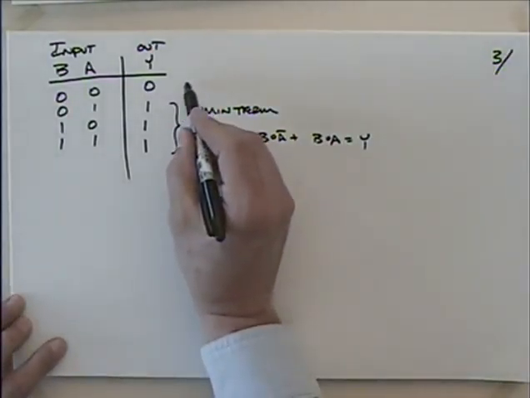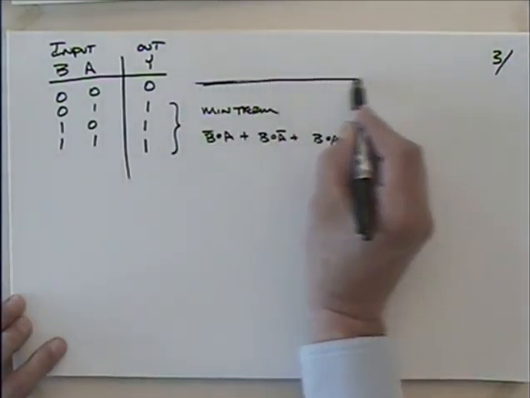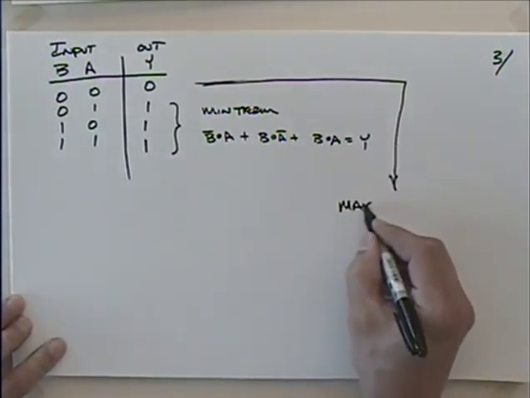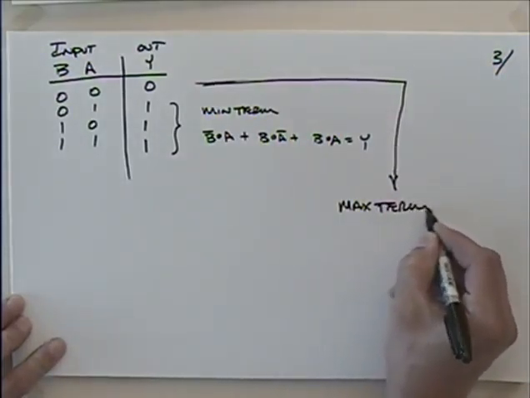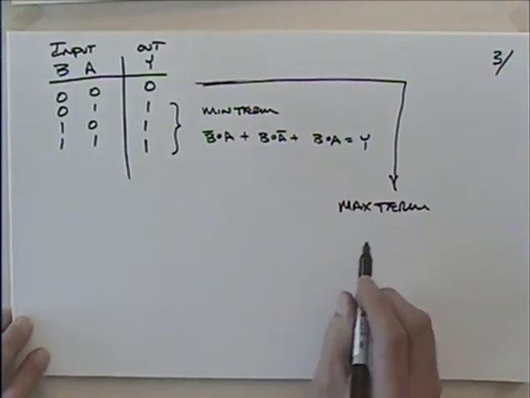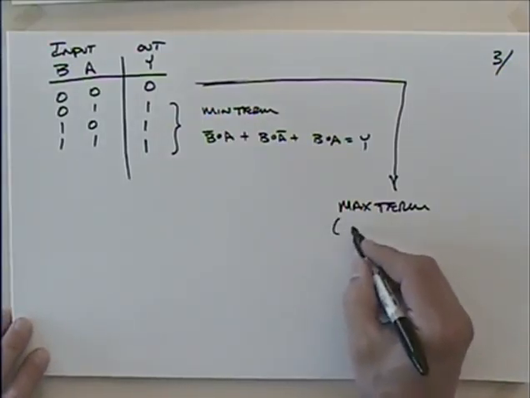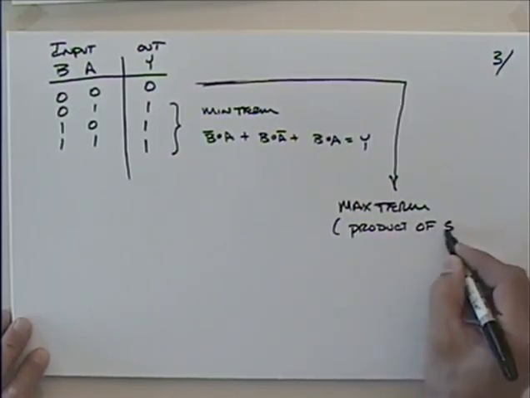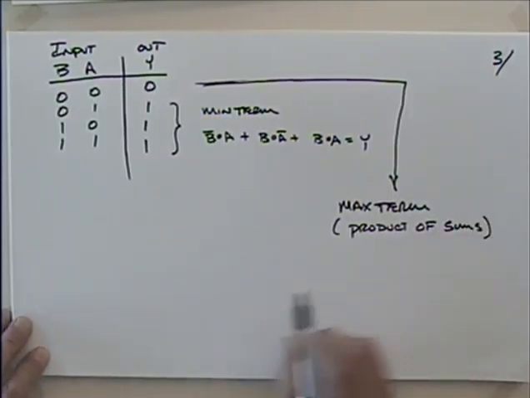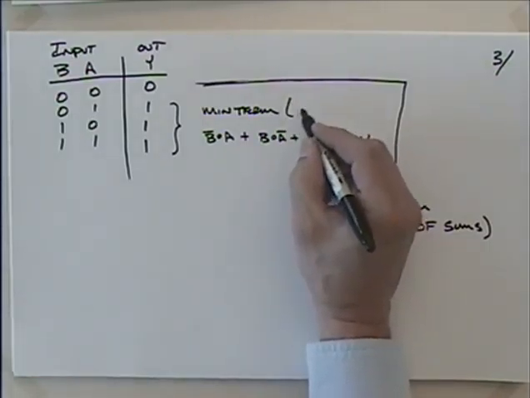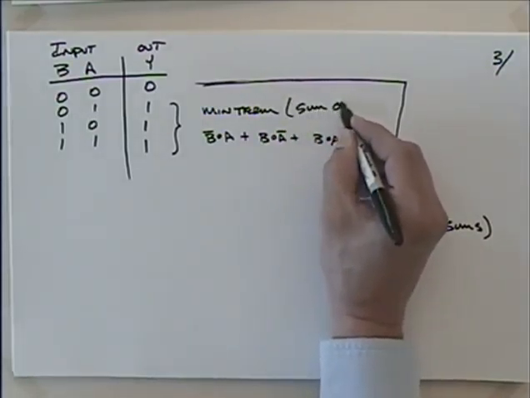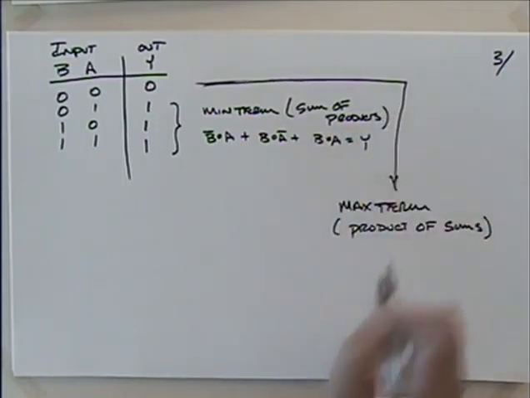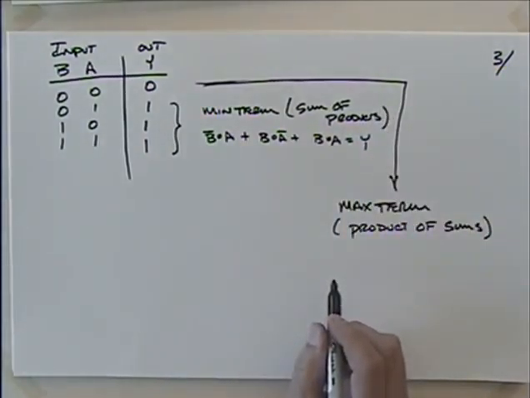If we look at our max term expression, so let me come over here and talk about max term. We haven't talked about that yet. Max term, which is going to be product of sums. Remember, min term was sum of products. So the max term is product of sums.